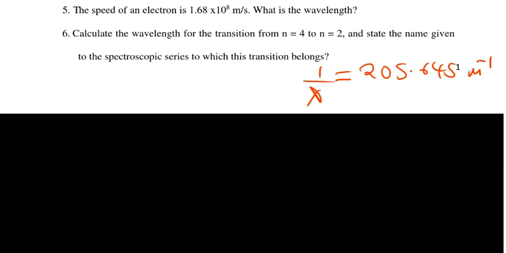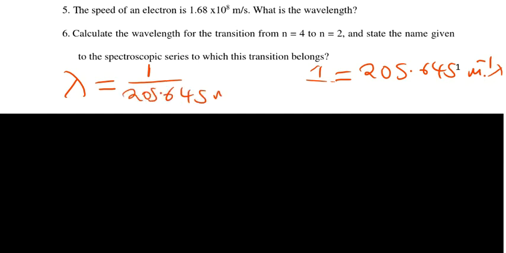So for us to determine the wavelength, if we cross multiply, in short, if we multiply both sides by the wavelength, what are we going to have? The wavelength will be on the right hand side, and so it is required to divide 1 by 205.645 meters negative 1.